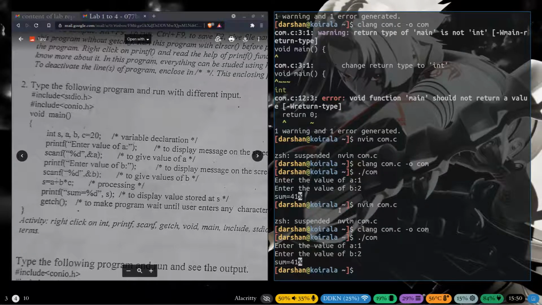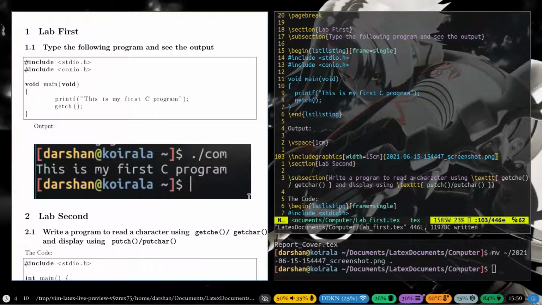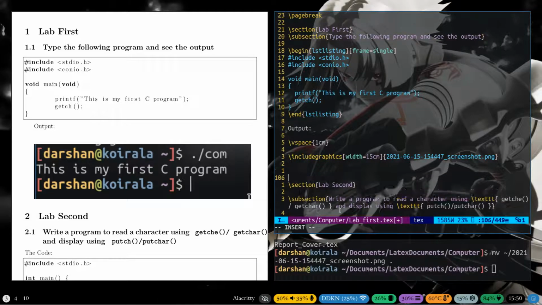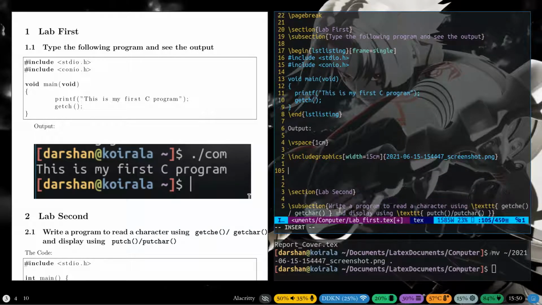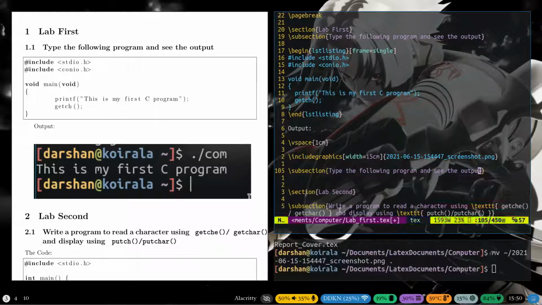So I think I have to copy it. The thing is, cat com.c, double copy. Paste it right there. I have not even copied the question now. Subsection: type the following program and see the output.